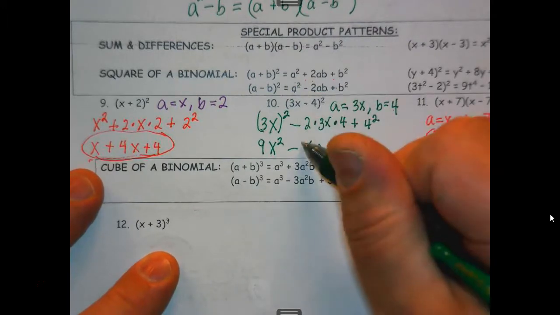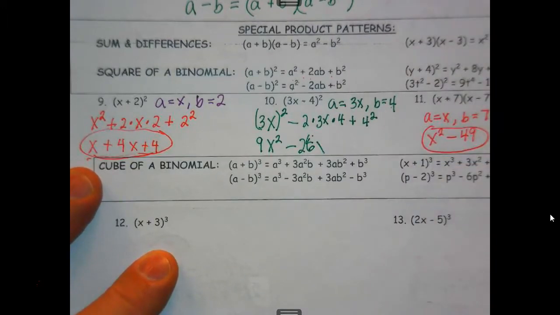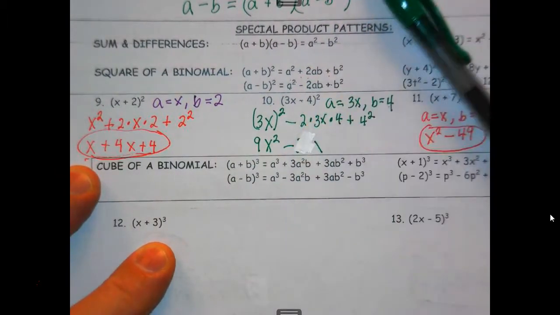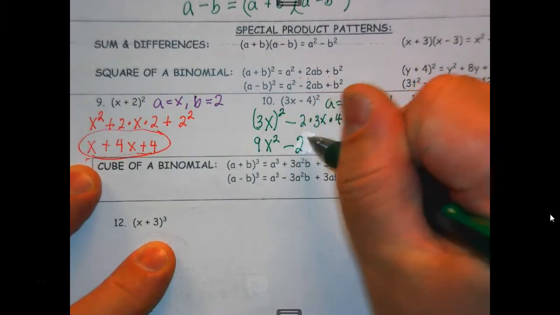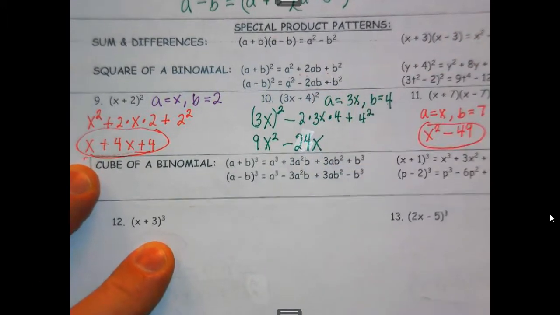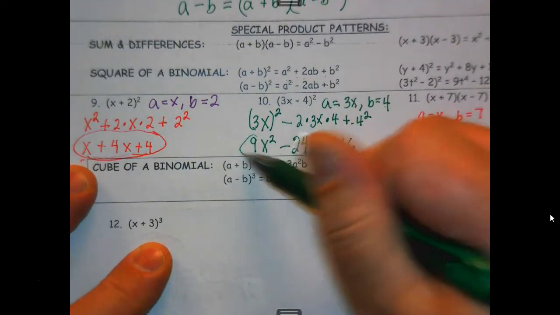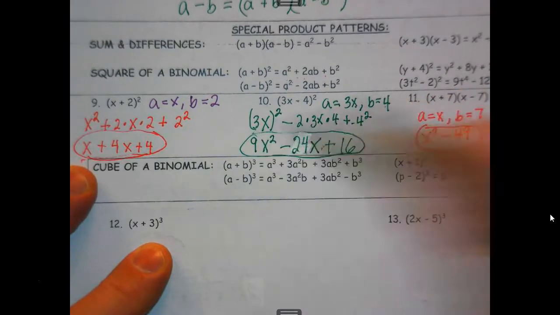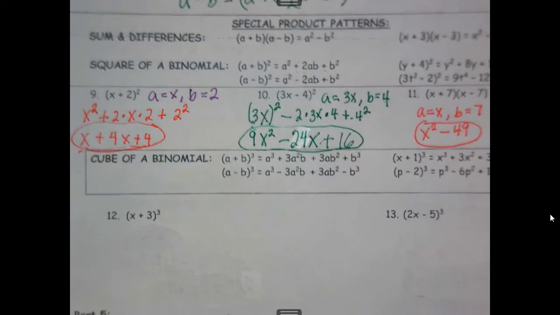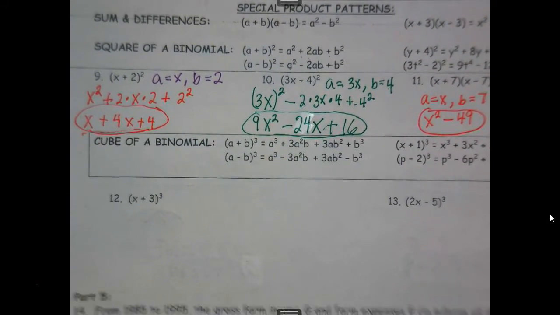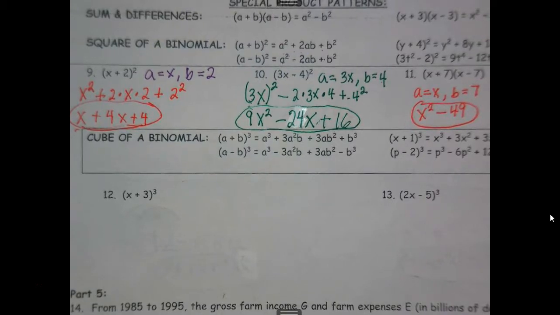Oh, I'm sorry, you're right. 24x plus 16. Good, Greg. Well, we kind of simplified. There's nothing more we can do, can we? Can't combine any more terms.